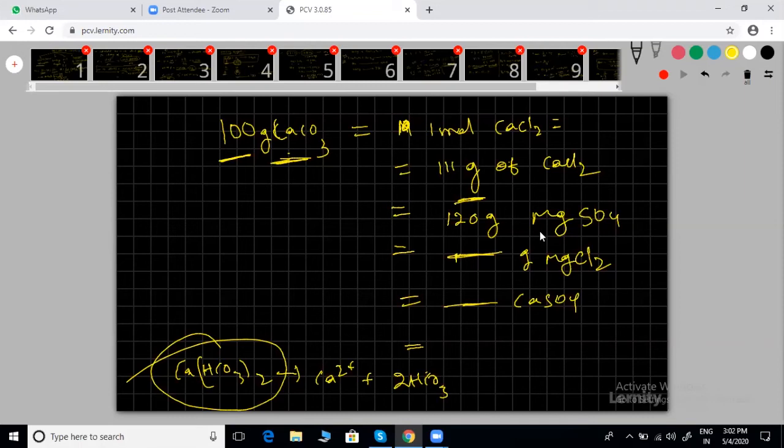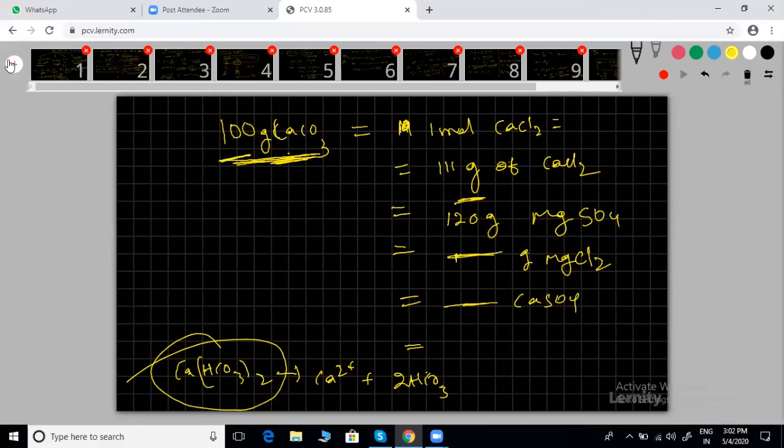The hardness of a water sample: whatever is given, you have to equate it to the weight of calcium carbonate. If 120 grams equals 100 ppm, and they give half of the weight, then calculate how much.